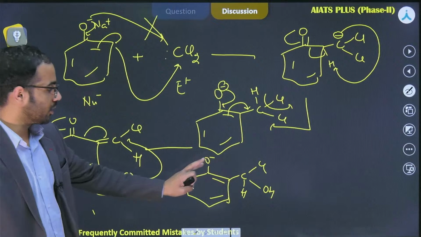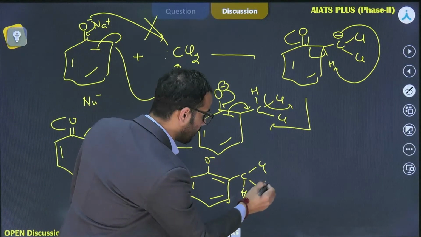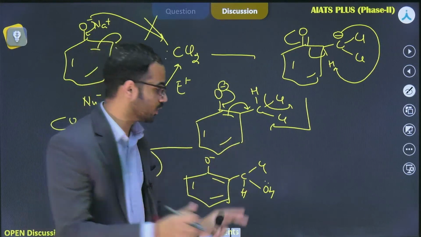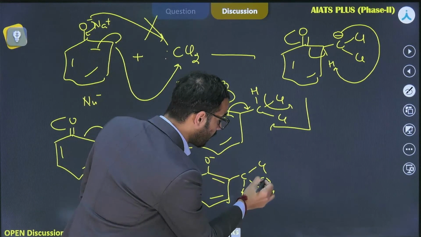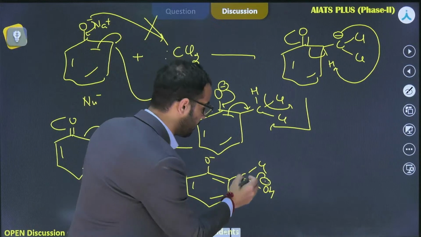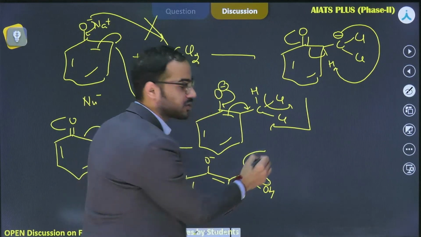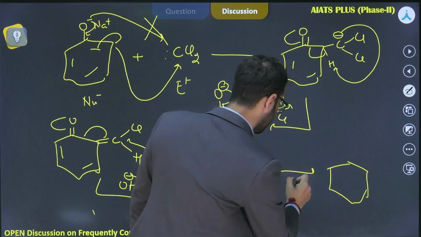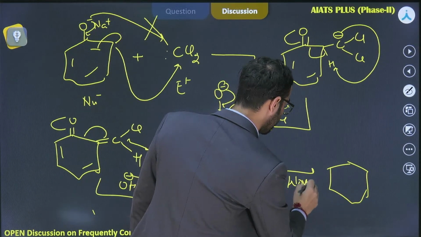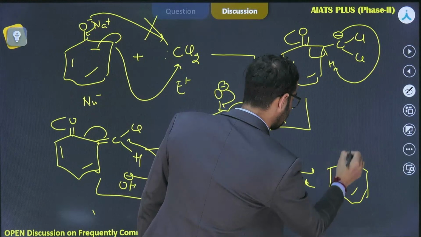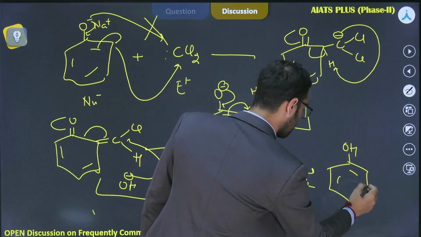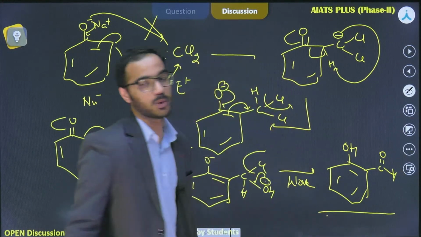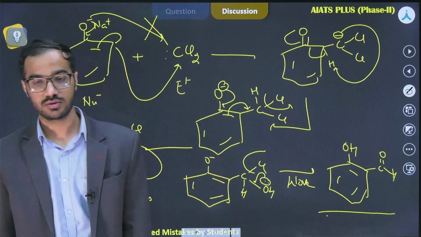I hope this point is clear to you all. And then one carbon has more than one substituent. So this O lone pair will come to the carbon and release of Cl will take place, and on workup as well, you will have a salicylaldehyde. This is the product formation.